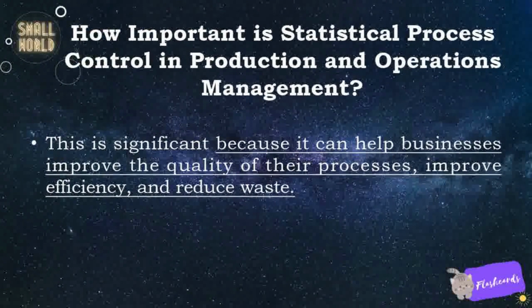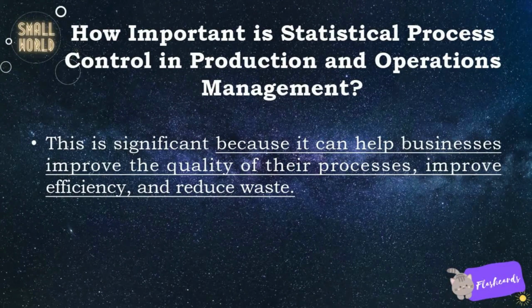How important is statistical process control in production and operations management? This is significant because it can help businesses improve the quality of their processes, improve efficiency, and reduce waste.